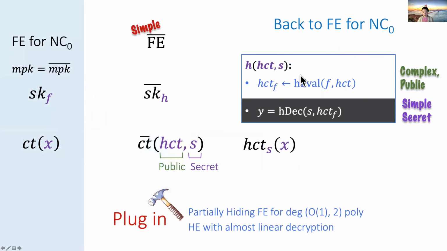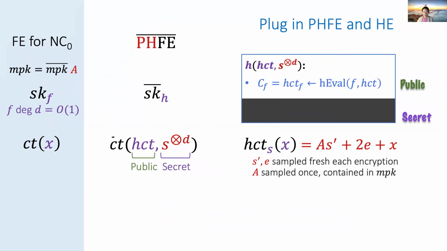Now with these new tools of partially hiding FE and HE with almost linear decryption, we can come back to our template FE construction and plug these tools inside. What this means is that the HE ciphertext looks like A times S prime plus 2E plus X. And what we will now encrypt using the partially hiding FE is the HE ciphertext as well as the HE secret key.